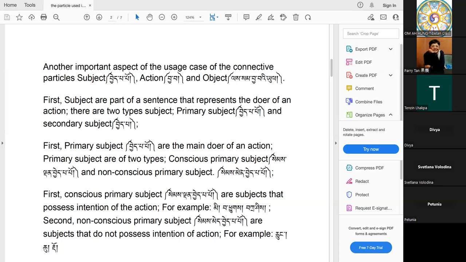There are things like planets that can revolve or rotate by themselves. There is the ocean tide, which rises and falls by itself. It doesn't require a human. And there is wind that blows without the requirement of a person. All of these are non-conscious primary subjects.